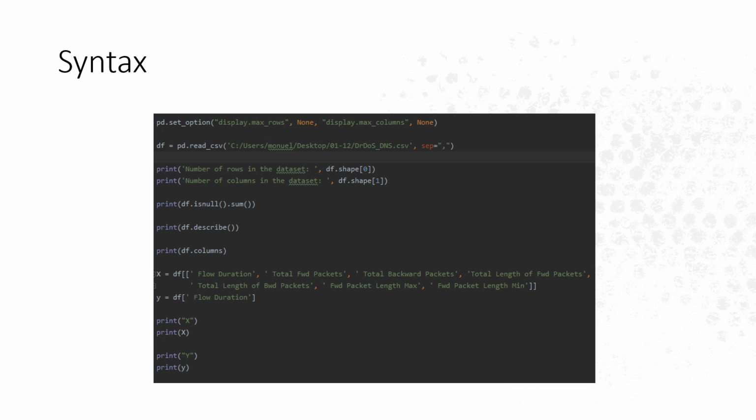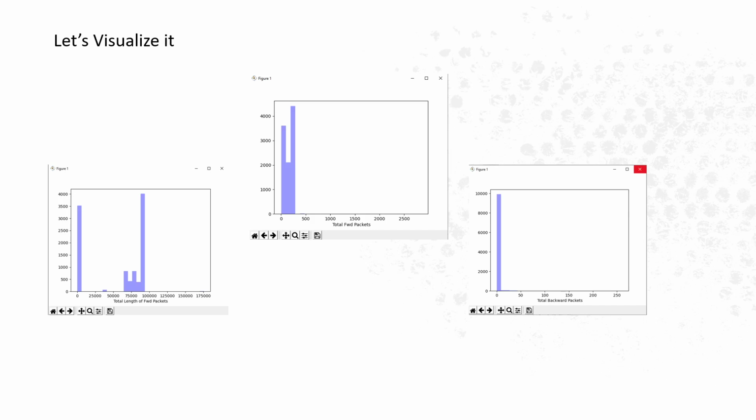Okay, so we divided our dataset and we printed it. Then we have to visualize a few attributes to check if they are workable. Firstly, we see total length of forward packets.